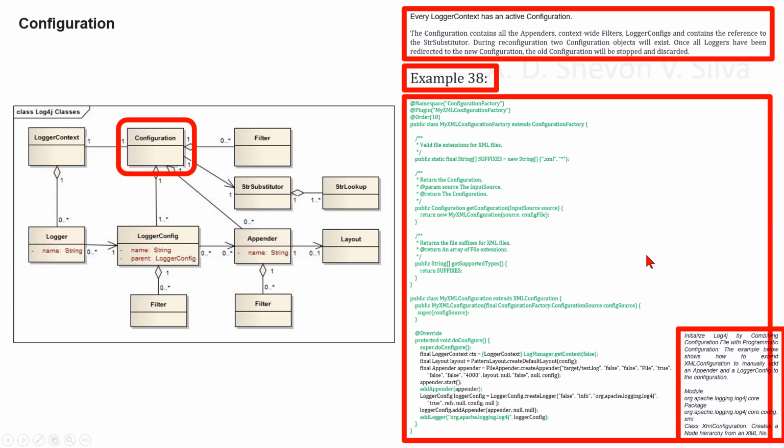Now we are considering initializing Log4j by combining a configuration file with programmatic configuration. The example here shows how to extend XML configuration to manually add an appender and a logger config to the configuration.